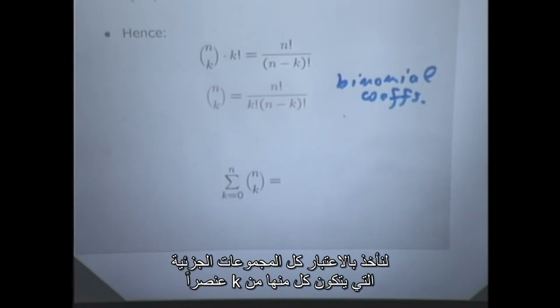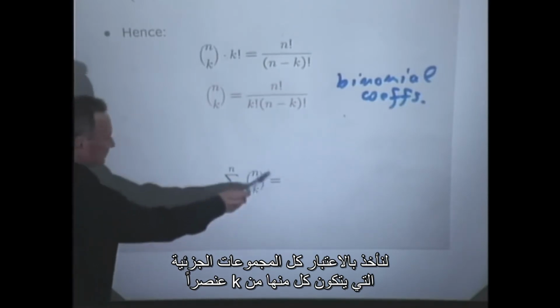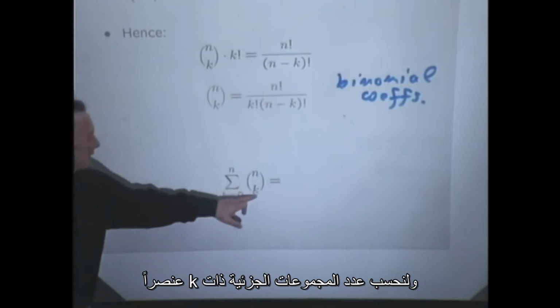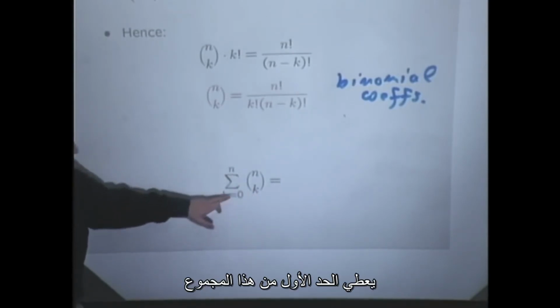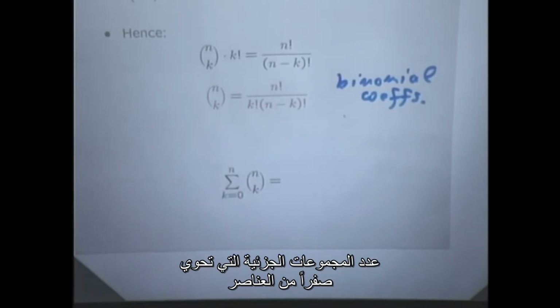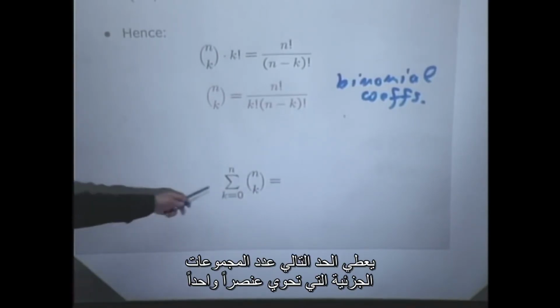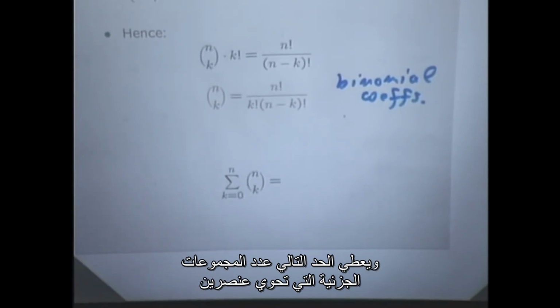We're considering k element subsets. That's this number. And we're considering the number of k element subsets for different choices of k. The first term in this sum counts how many 0 element subsets we have. The next term in this sum counts how many 1 element subsets we have. The next term counts how many 2 element subsets we have.